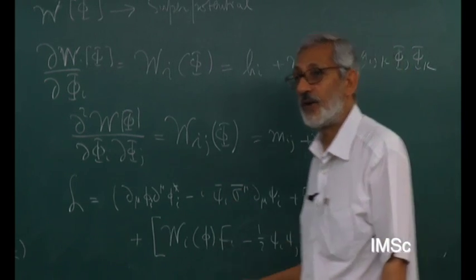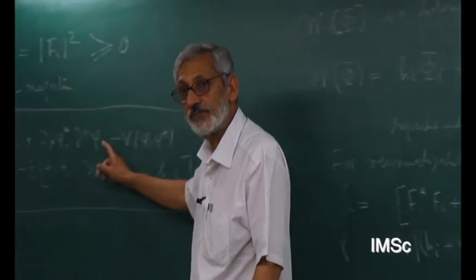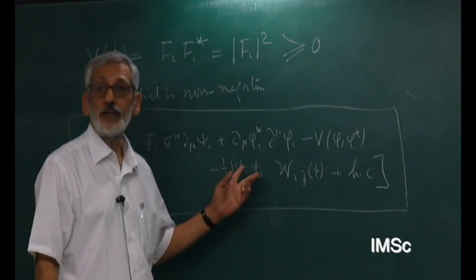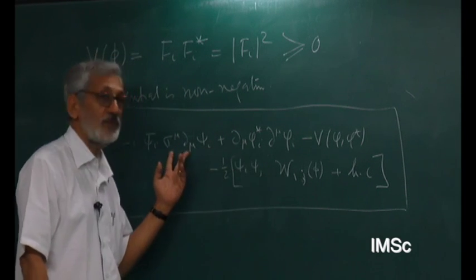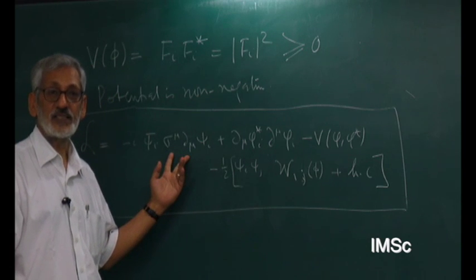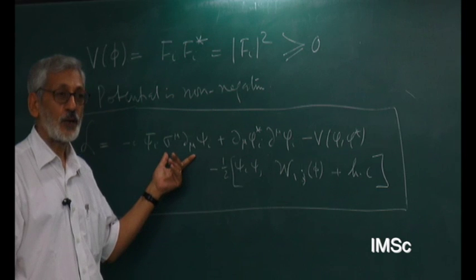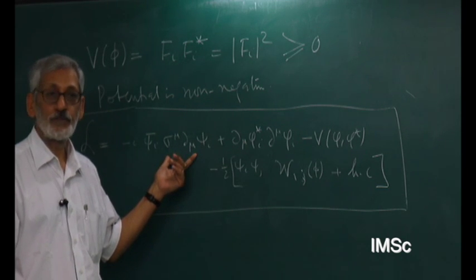But now when we have gone on shell, which means we have excluded F, we'll have only on-shell equality of Bose-Fermi degrees of freedom. On-shell degrees of freedom of each psi_i are only 2 real degrees of freedom because the Dirac equation takes away 2 degrees of freedom. Is that okay?